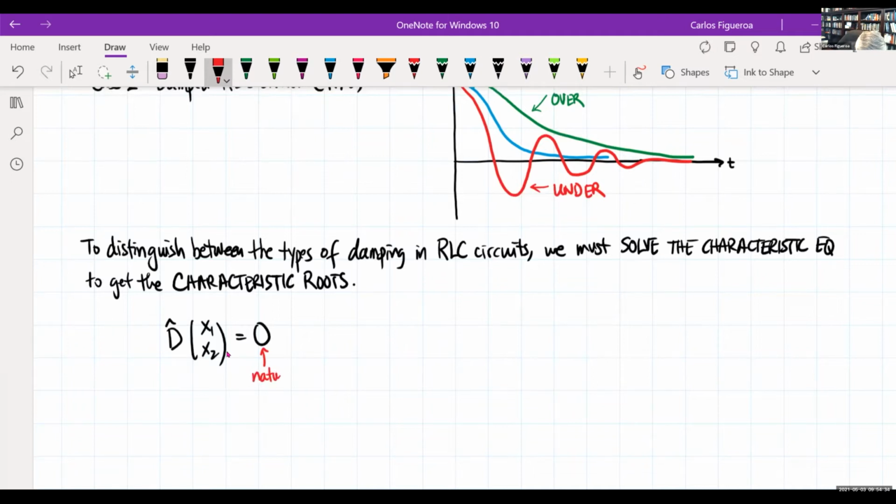This implies that we're only looking at the natural response. And this is the important piece: the operator matrix is going to tell us about the characteristic equation.